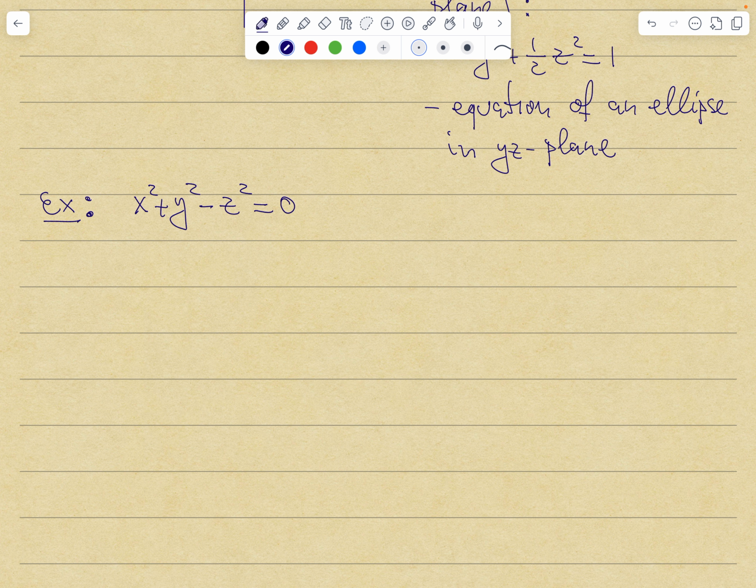The similar approach means that I'm going to take this surface, defined by this equation, and consider cross sections of this surface by various planes, horizontal or vertical. So, cross sections by horizontal planes.